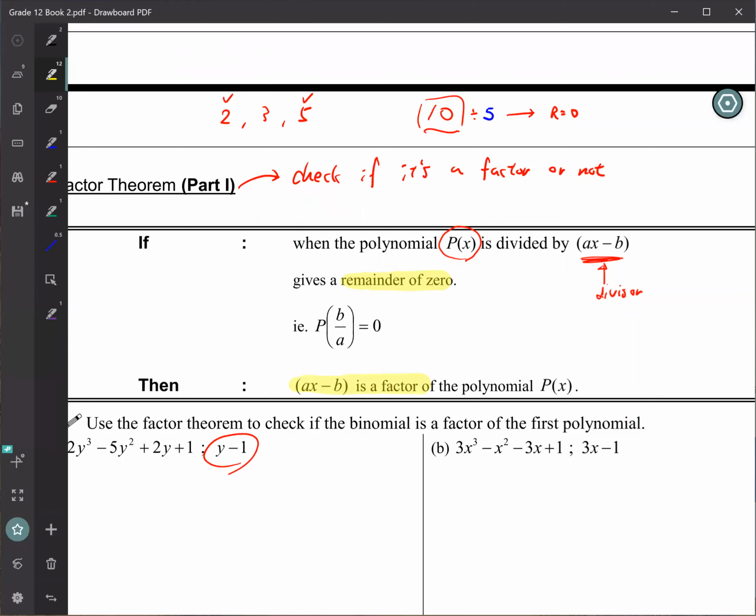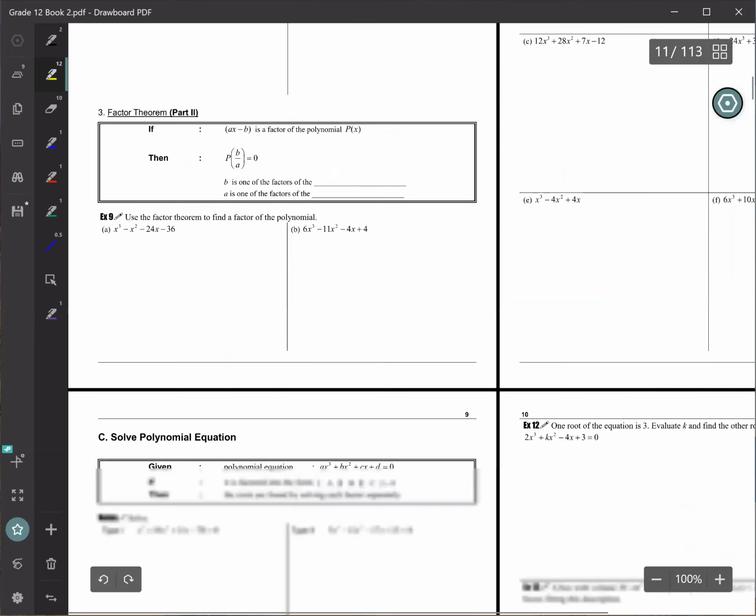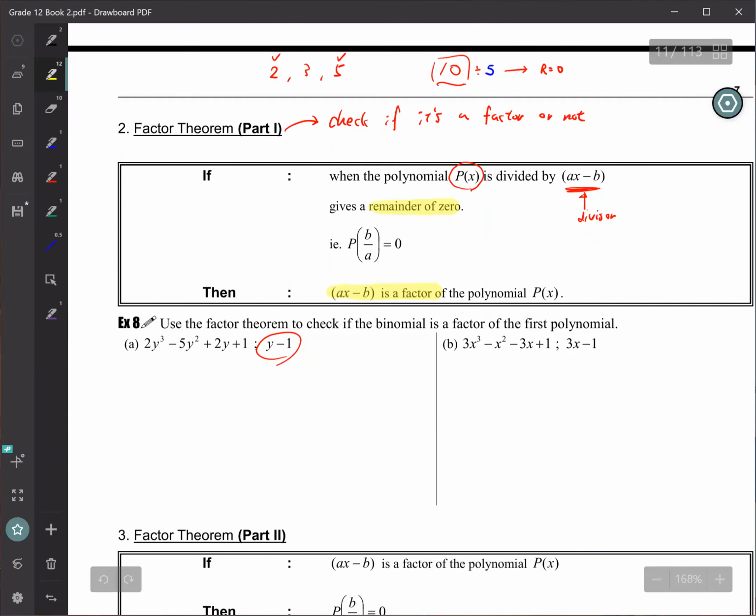Make sense? If you divide by 5, remainder equals 0, you know 5 is a factor, right? So you just check the remainder, and that will be enough to determine, right?